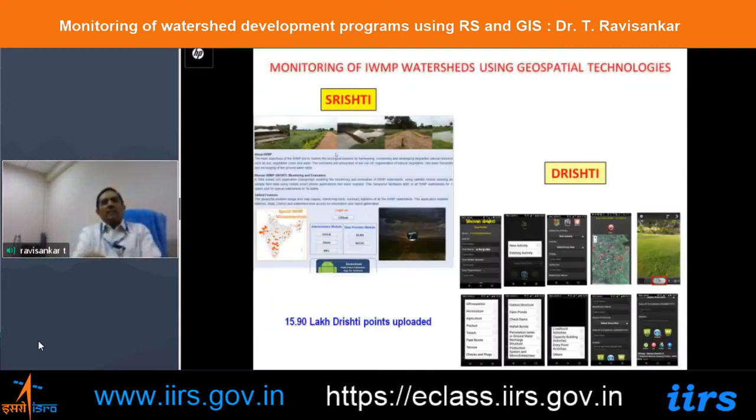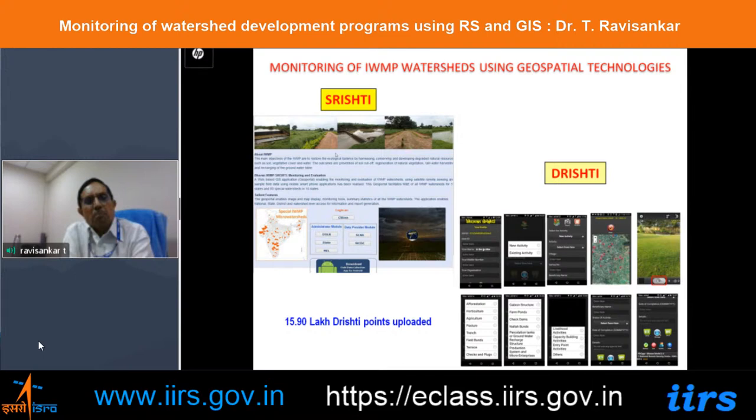So this is the Srishti portal in the ISRO Bhuvan website, and basically here the important component is developing some protocols: how to access the data, who has the authority to go and check the information and flag the quality issues and other things.